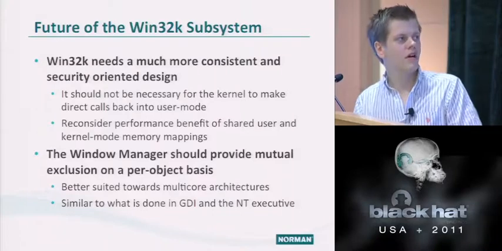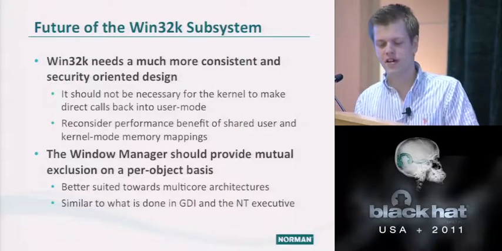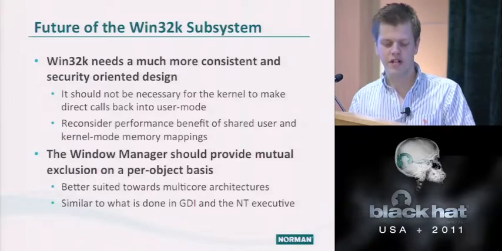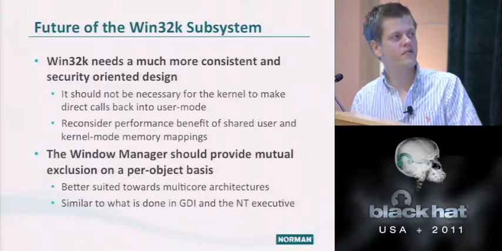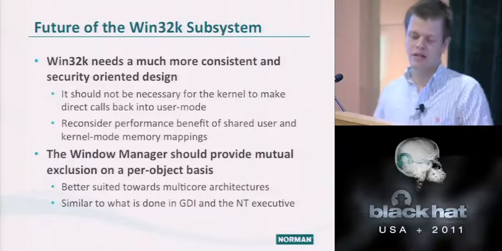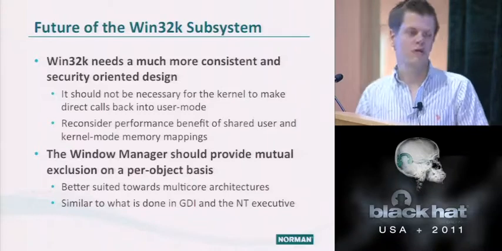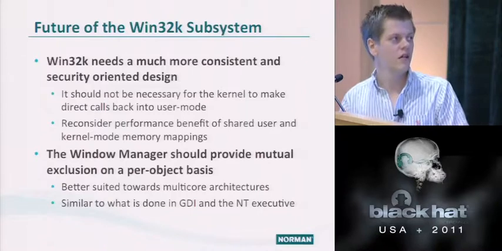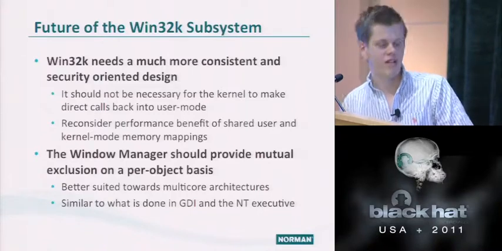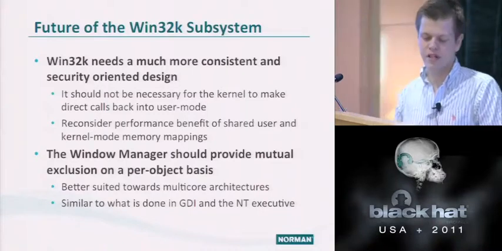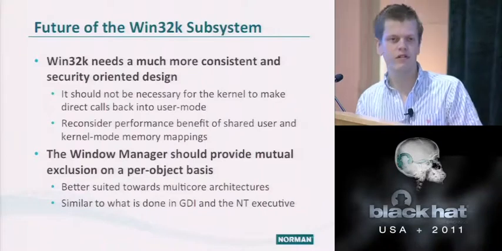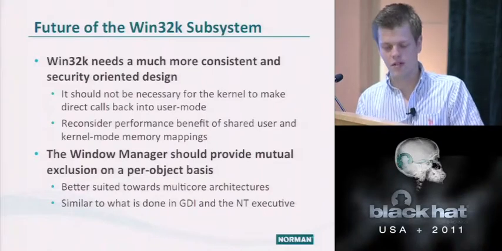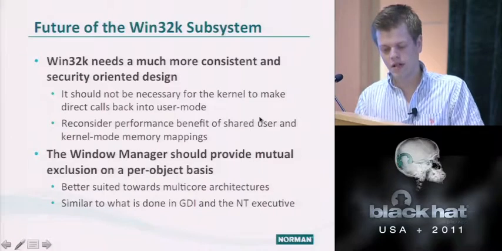Microsoft should also reconsider the performance benefit of using the shared user and kernel mode memory mappings. So mapping the desktop heap, the handle table and the shared heap into user mode, although good for performance, really helps exploitation. So limiting the information available to users is probably a good idea.